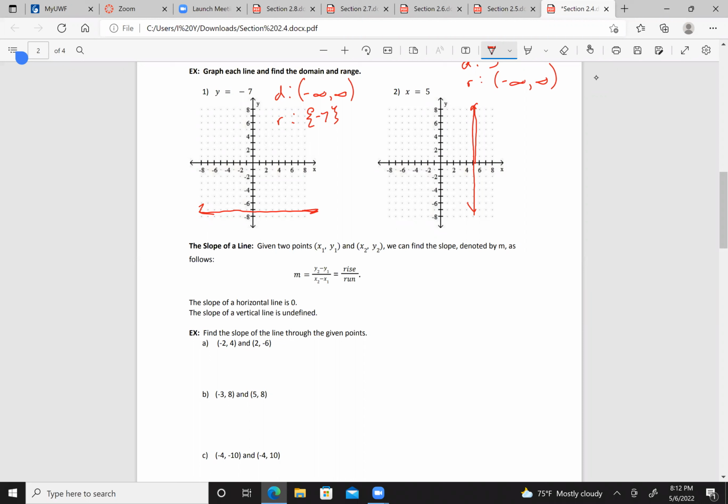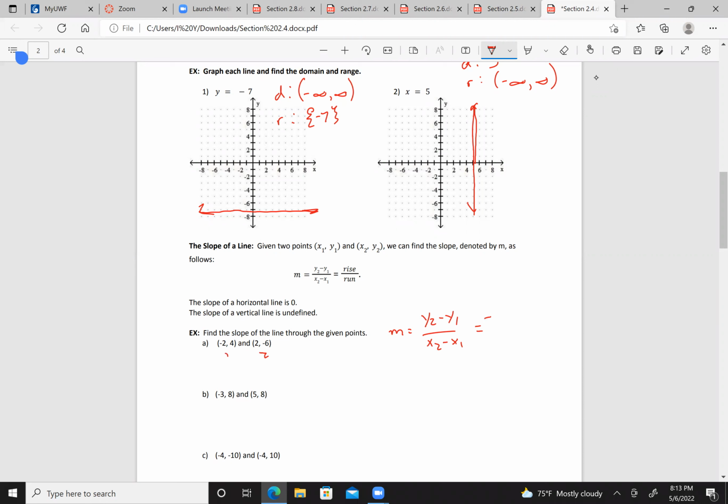So if I have 2 points and I want to find the slope between the 2 points, my slope is equal to y2 minus y1 over x2 minus x1. And as before, it doesn't matter which point is point 1 and point 2. Just make sure you are consistent with it. So I'll let this be point 2 and this be point 1.